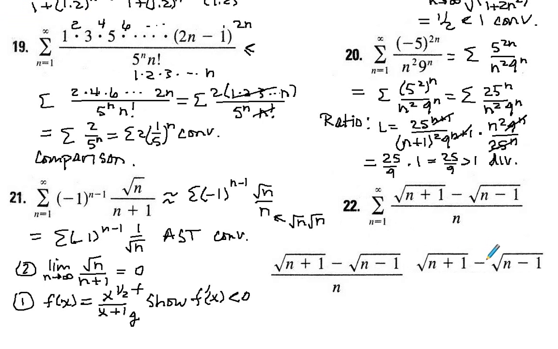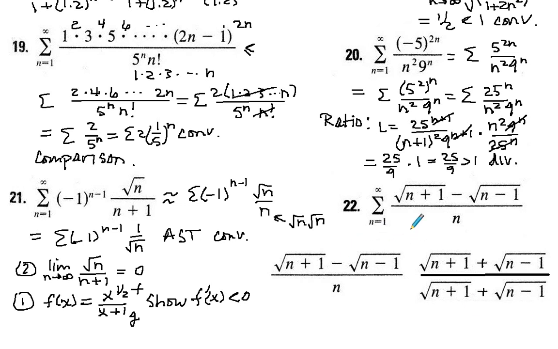So we're going to take 2 copies of this guy, except we want a plus sign right here and right here. And then when you do that on the top, this looks like a minus b, a plus b, which is a squared minus b squared. You'll get rid of the square roots.